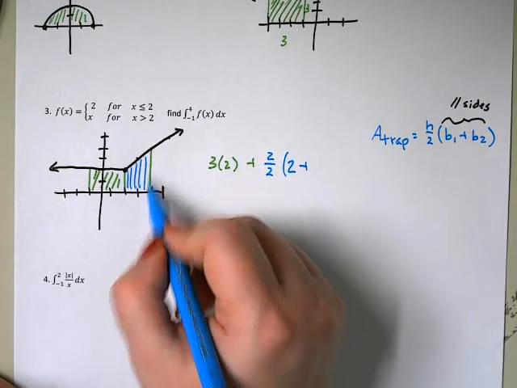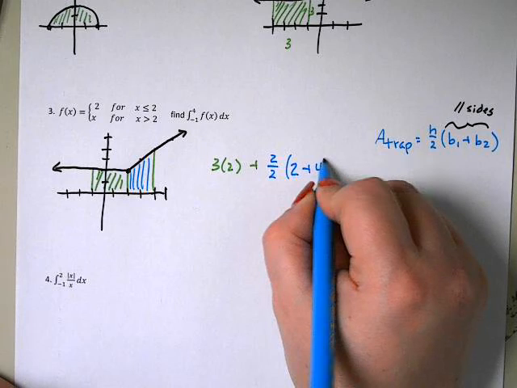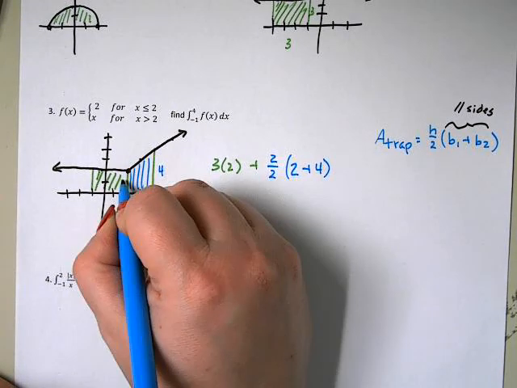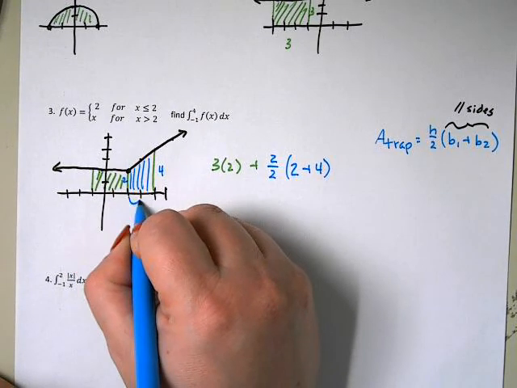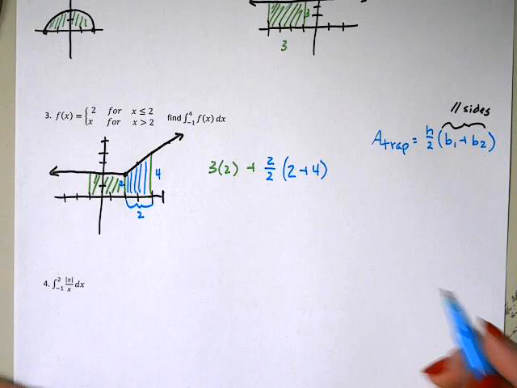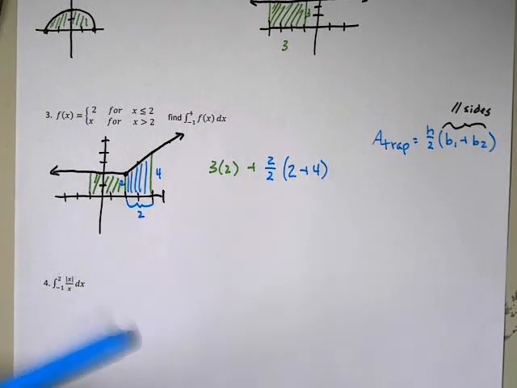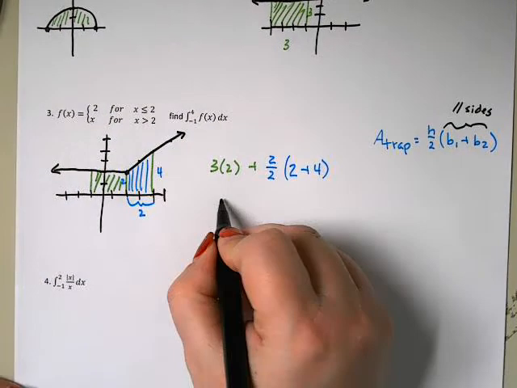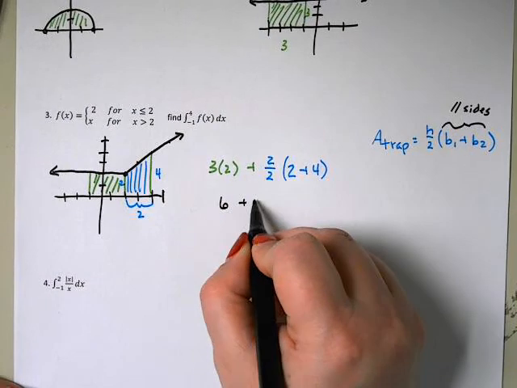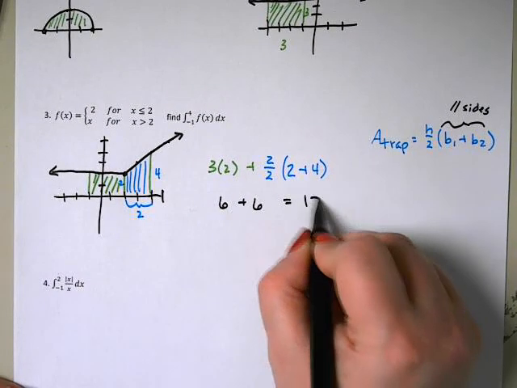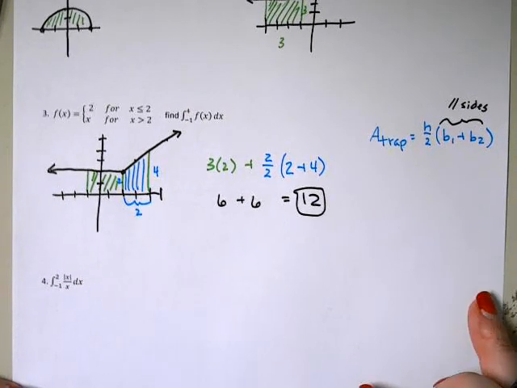Plus base 2, and that's 4. So this one was the 4, 2, and then this is the height, that's your 2. Just in case anybody missed that, sorry. And then we can go ahead and find our area. So that would be 6 plus 6, so that gives us a total area of 12.